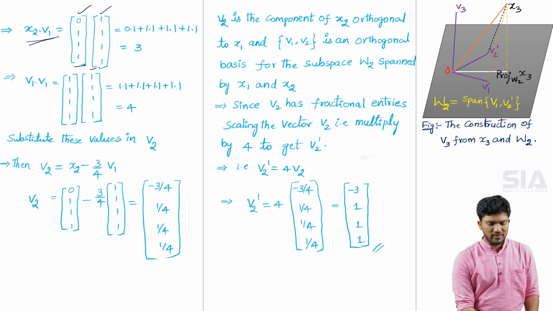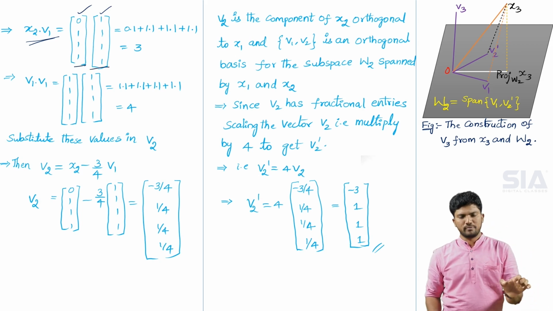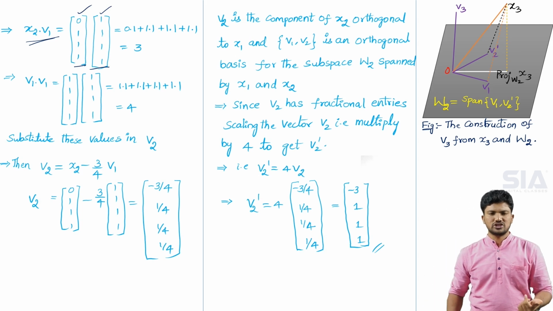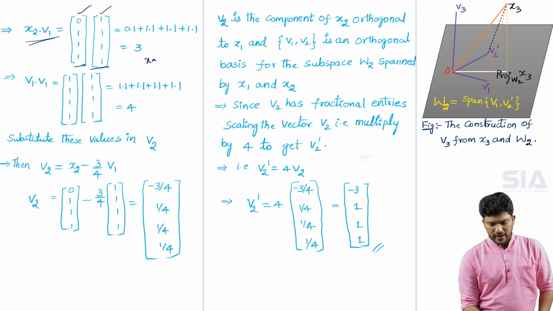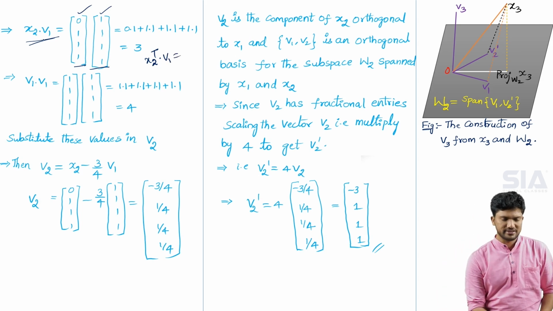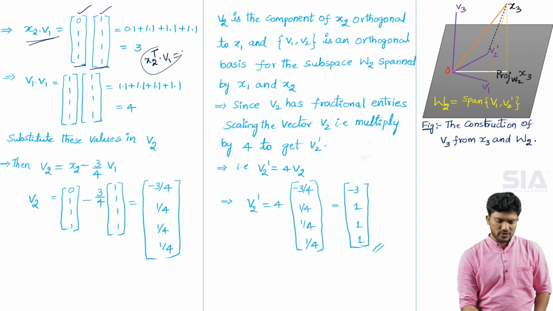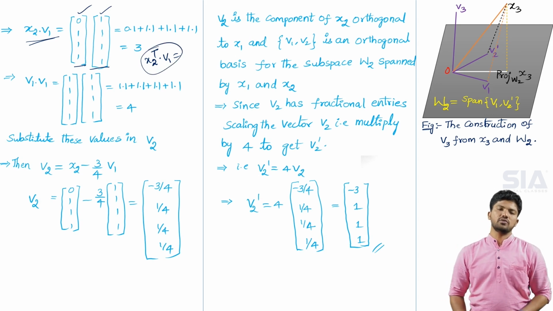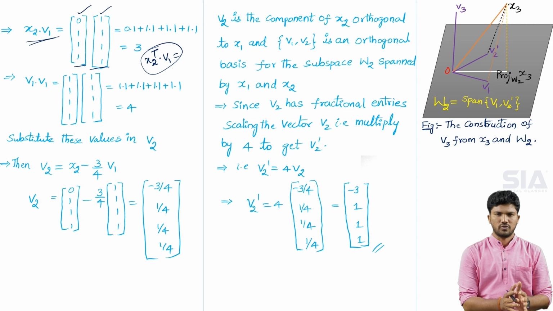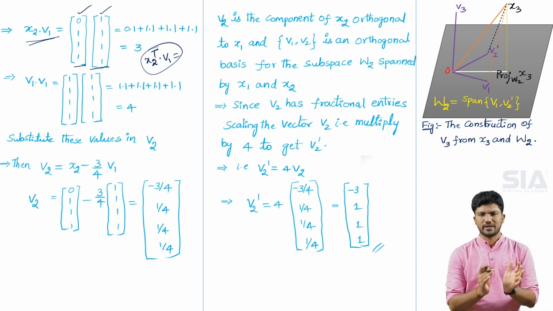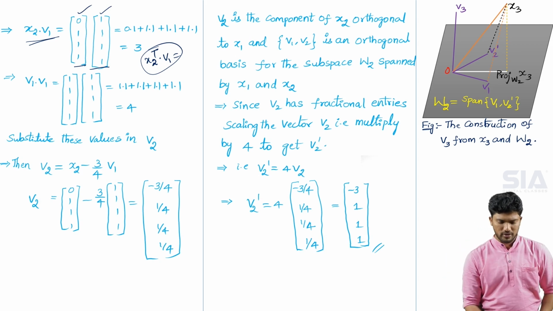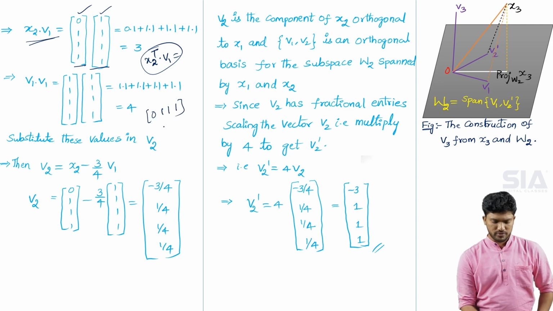Here, for our convenience, we are writing those two vectors as column matrices, but actually you have to write x2 transpose into v1. The inner product of x2 and v1 can also be written as x2 transpose into v1. The first vector will become the row vector 0 1 1 1, that is x2 transpose, and v suffix 1 is 1 1 1 1.